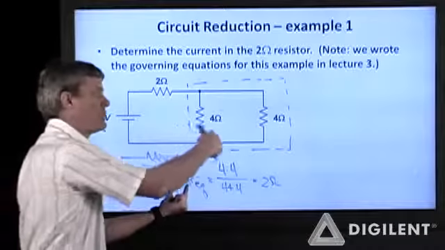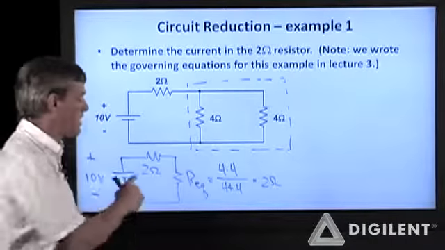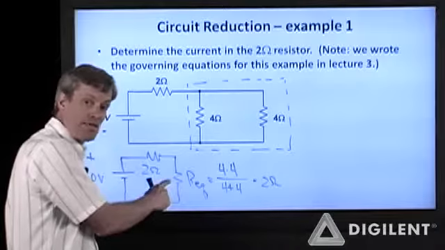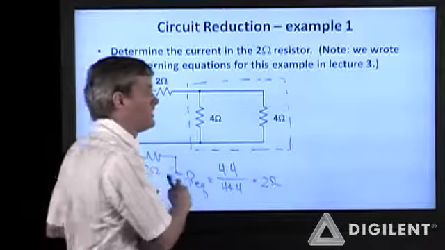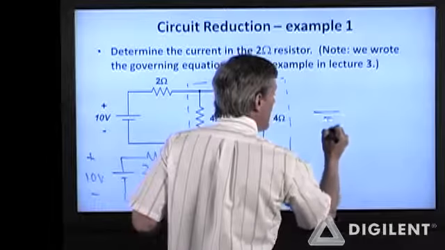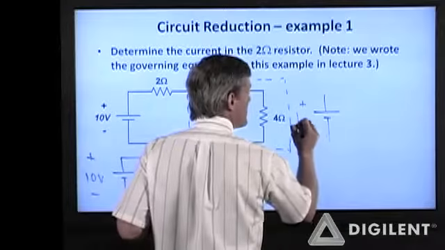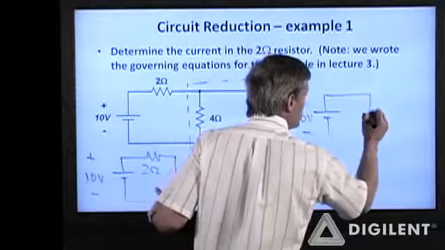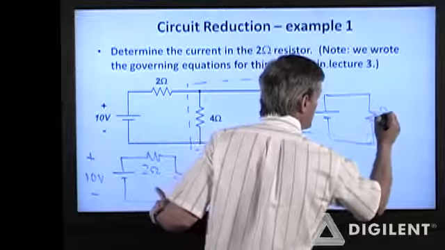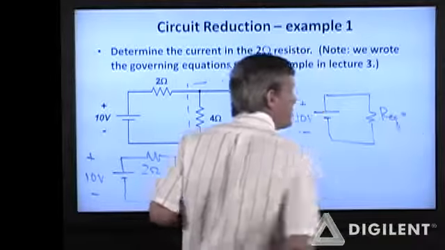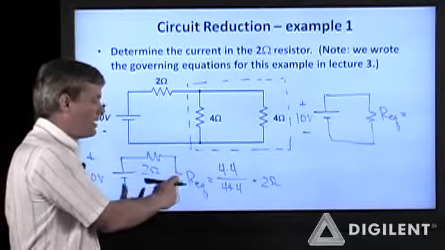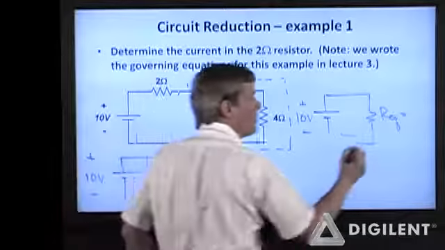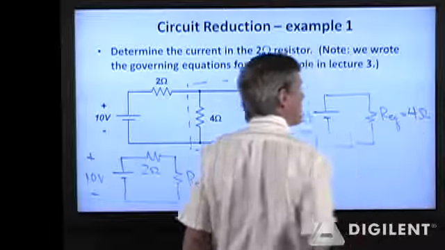Notice that the equivalent resistance here now looks like two resistors in series. So I have a 2 ohm resistor in series with another 2 ohm resistor. I can combine those to give myself another equivalent resistance. Resistors in series add directly, so this series combination is 2 ohms plus 2 ohms, or 4 ohms.